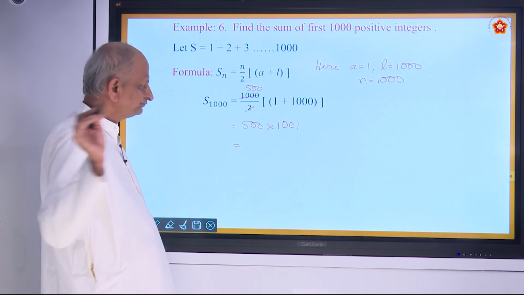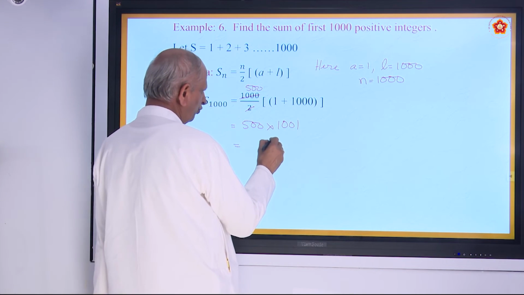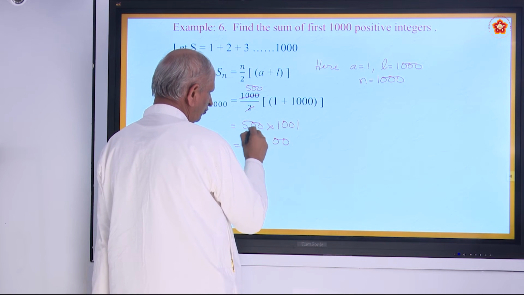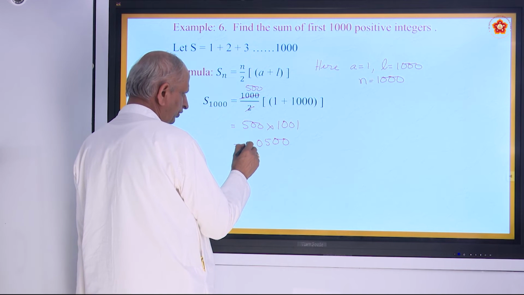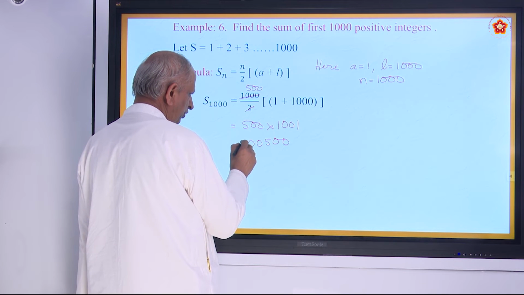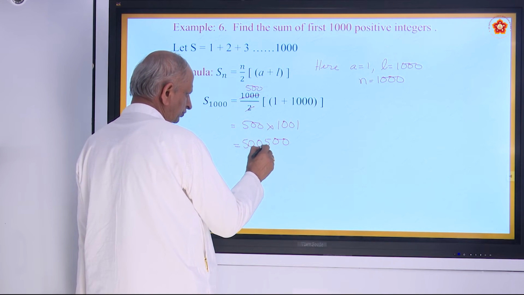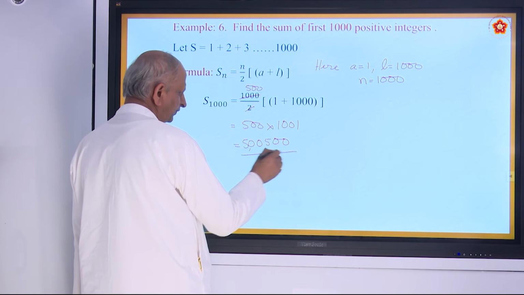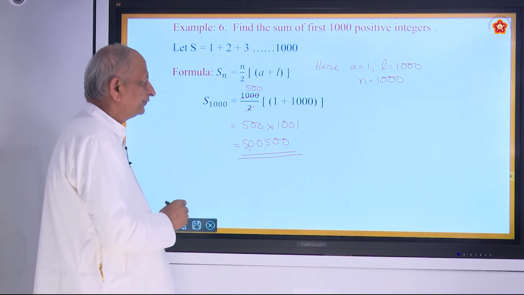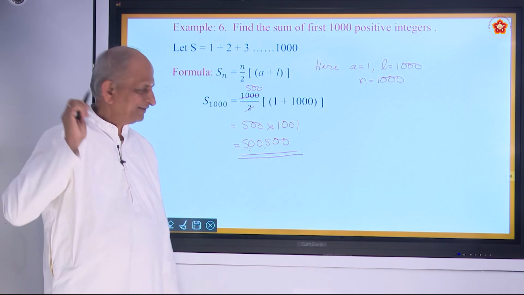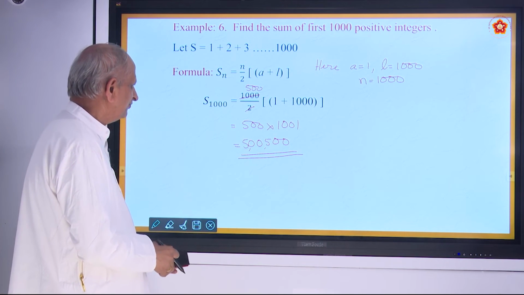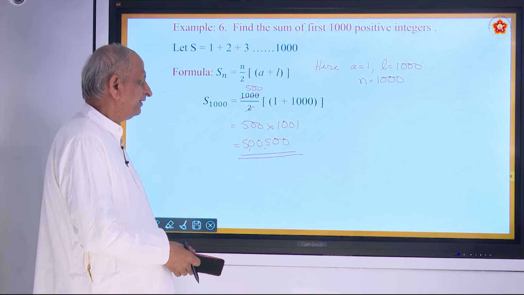Is it alright? So you have 5 1s are 5, 5 0 into 0, 5 into 0 is 0, 5. So it will be 5,500,000. You can try if you want, you can just go on adding 1, 2, 3, 4 like that. You get the answer as 5,500,000.